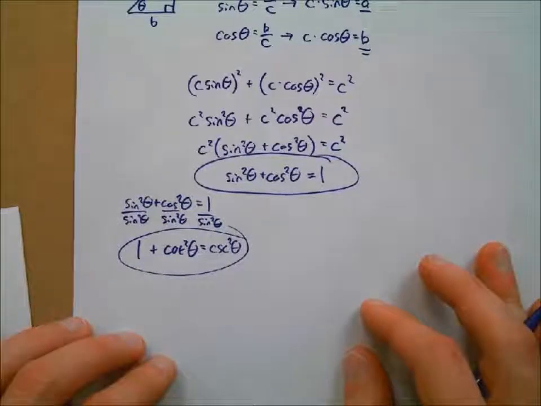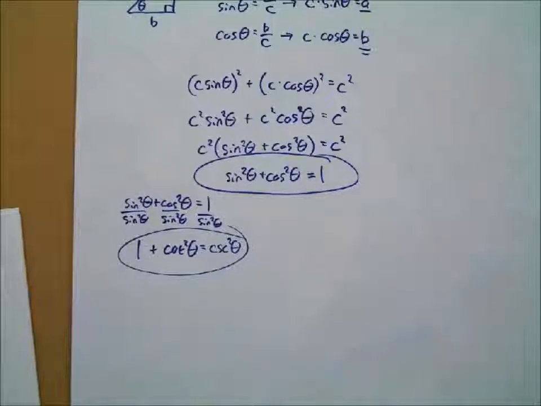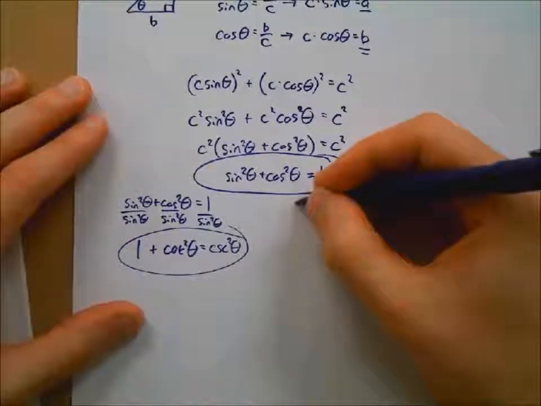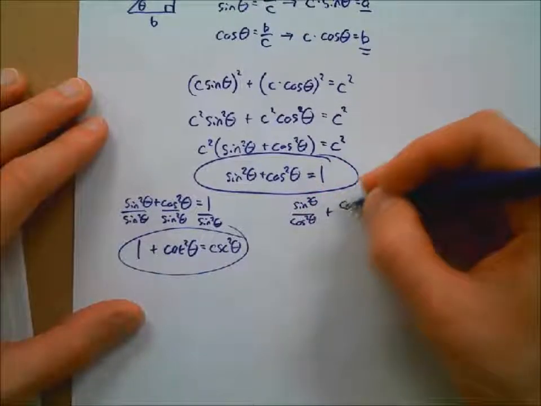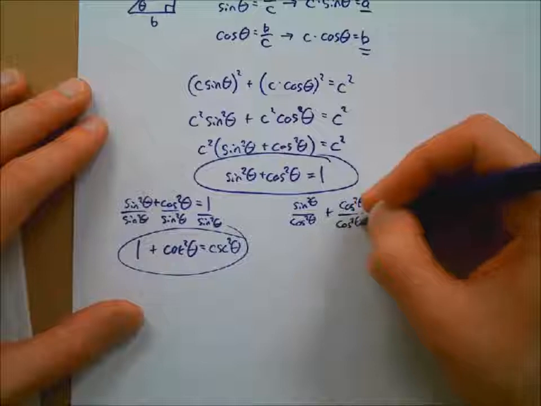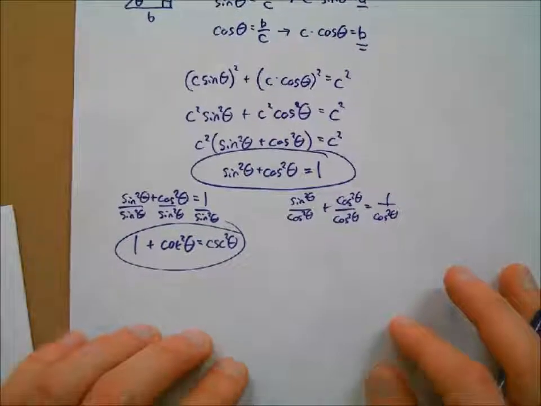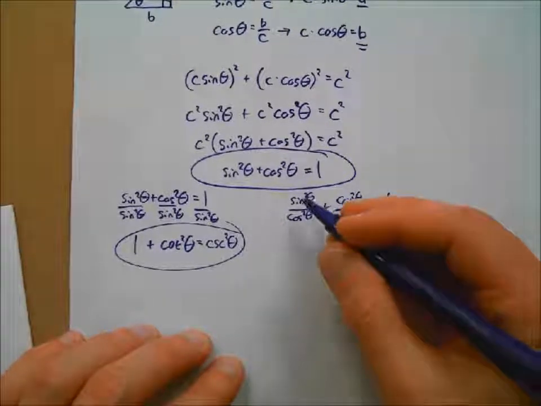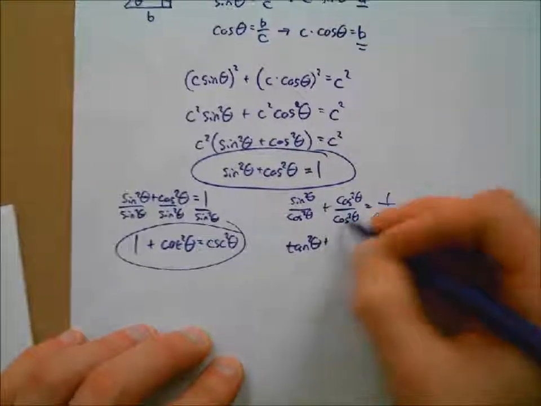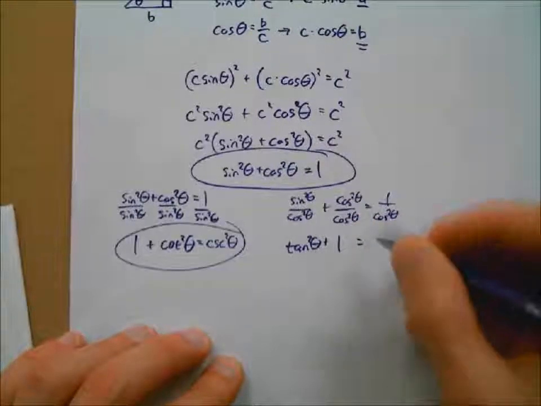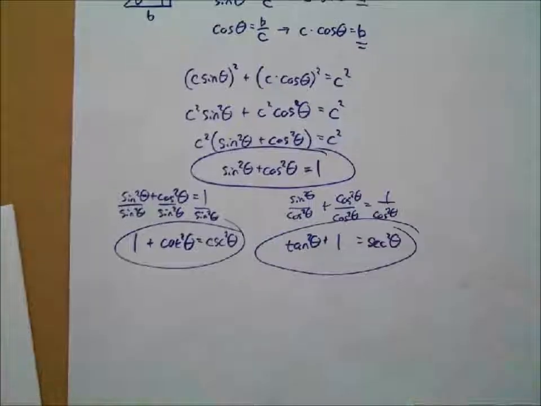And then if I take the original and instead of dividing through by sine squared, I divide through by cosine squared, all that jazz right there. What's sine squared over cosine squared? Tangent squared. Cosine squared over cosine squared? 1. What's 1 over cosine squared? Secant squared theta. So there are our 3 Pythagorean identities.